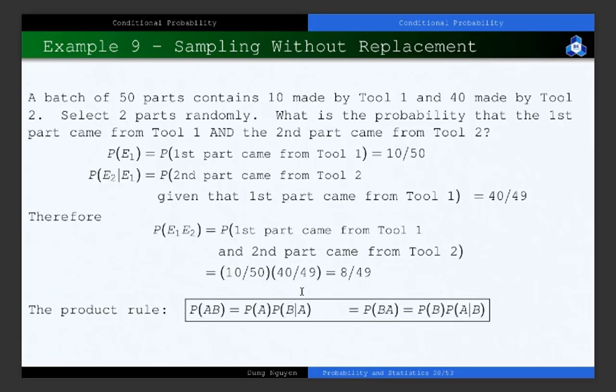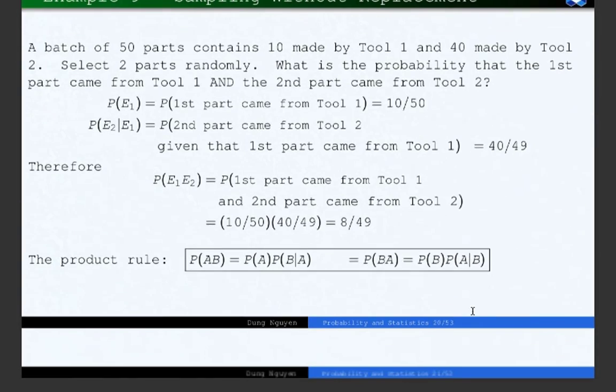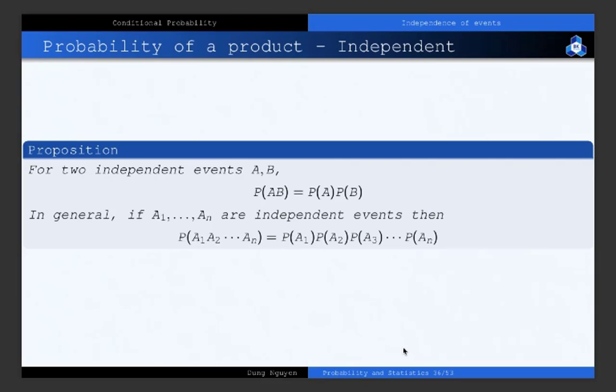And so in general, you have the following equation. The probability of AB equals the probability of A times the probability of B given A. You can also write this equation in the following form because AB and BA are the same. So you get the probability of BA as the probability of B times the probability of A given B. Now, we already knew the product rule.